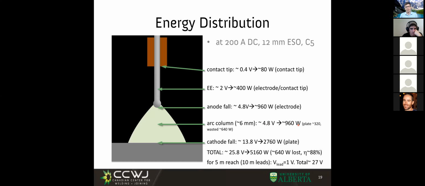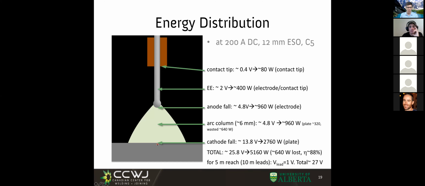I'm saying about 1/3 of those 960 watts come to melt the plate, and about 2/3 are wasted. They go away in the form of radiation that gives you cancer, and in the form of hot gases, right? Of metal vapors and hot argon going around.